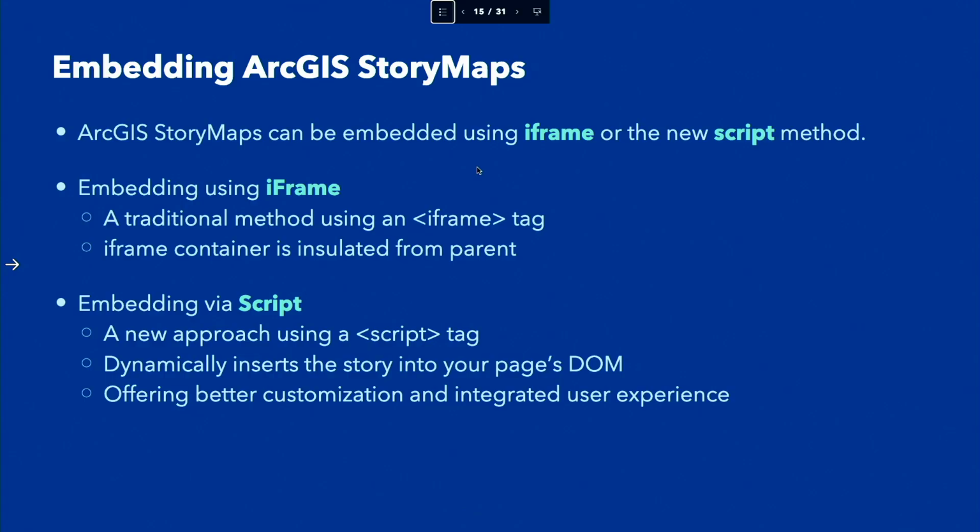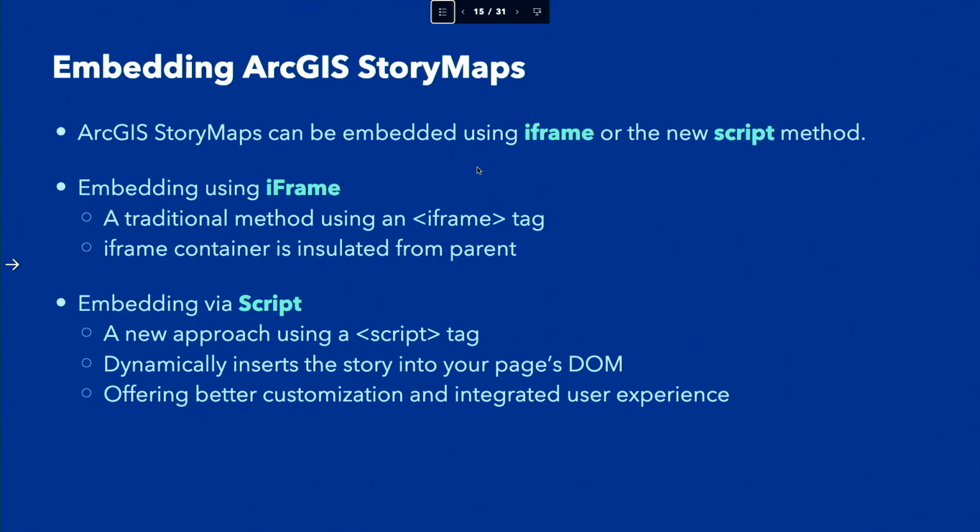So there are two main ways to embed story maps. iframe, we all have seen it, and as a web developer, you must have used it in the past. But there is a new script embed method that we recently released. If you use iframe, there are certain drawbacks.